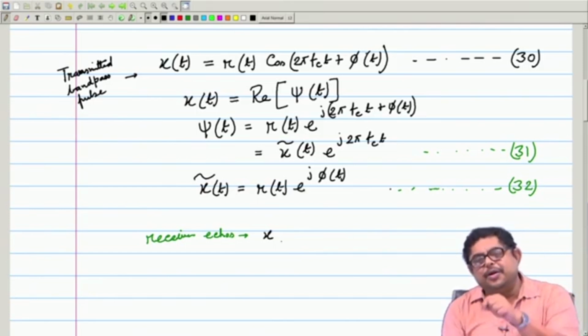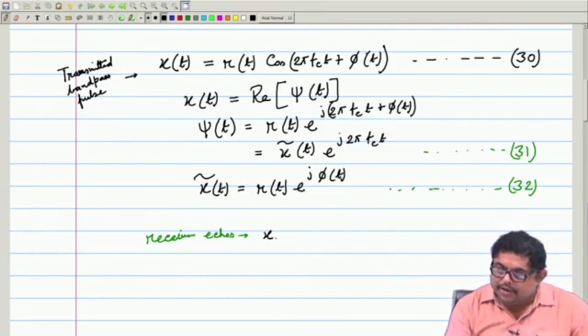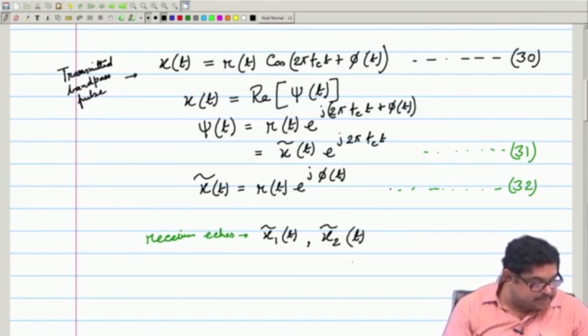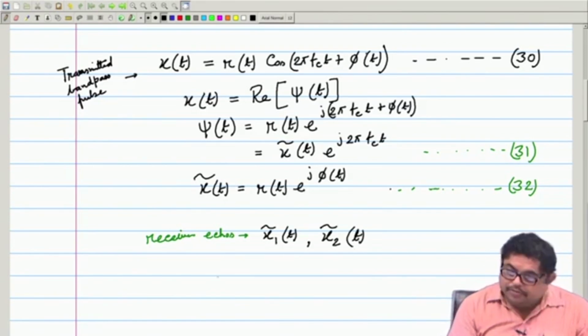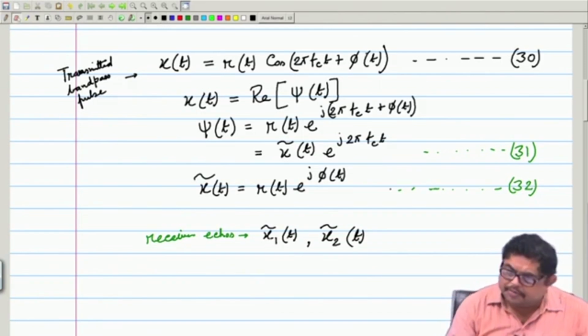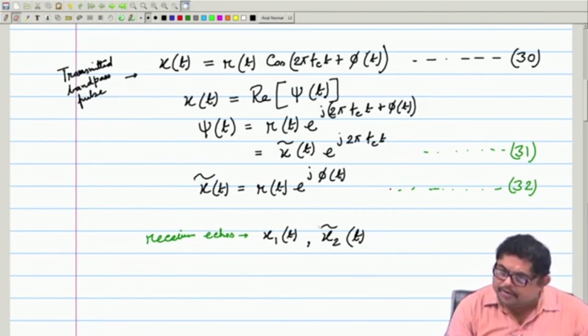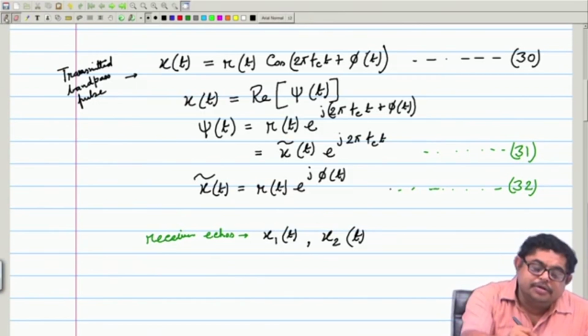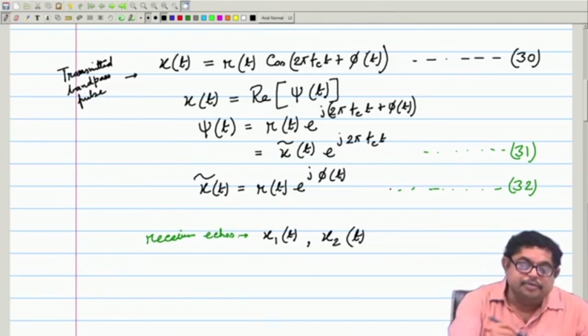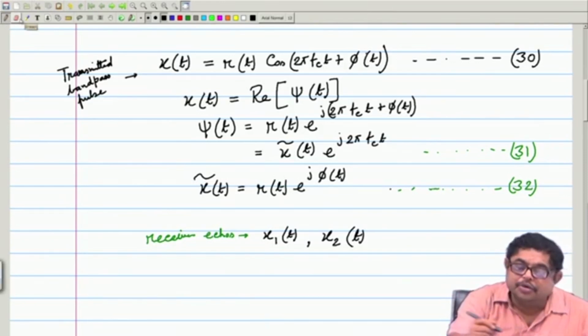Now, instead of calling x_i, I am calling x_1(t) and another closely spaced target x_2(t), the complex envelopes of their received echoes. We will later put there a thing.